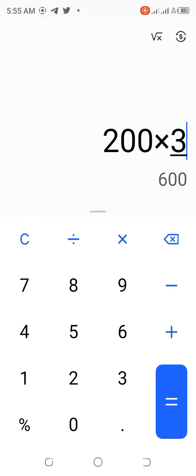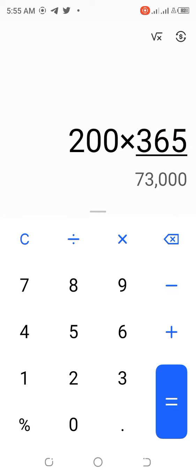So let me show you. Let's say someone is taking the numbers, 200 Ghana a day, times 365, meaning he is using 73,000.